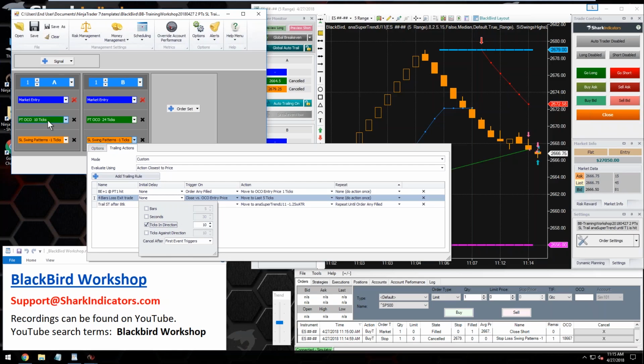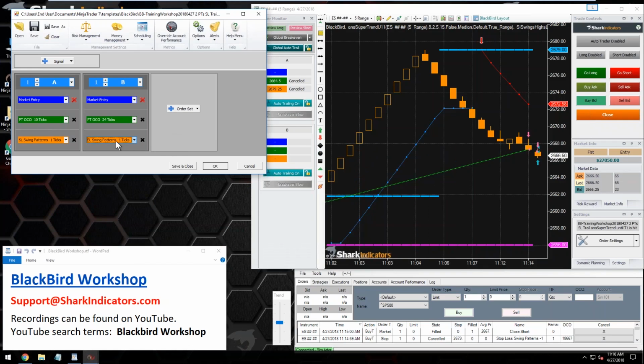But if you wanted to kind of guarantee that profit target number 1 has been filled, we could up that to 11 ticks in the direction of the trade. But I think 10 ought to be good enough.